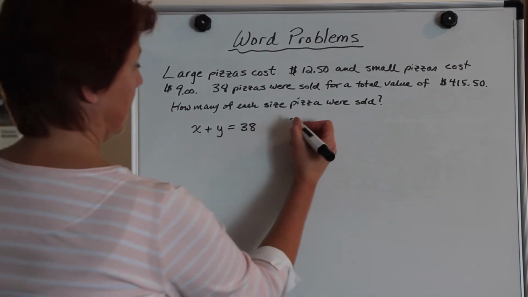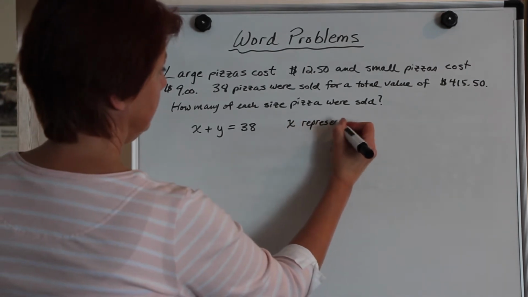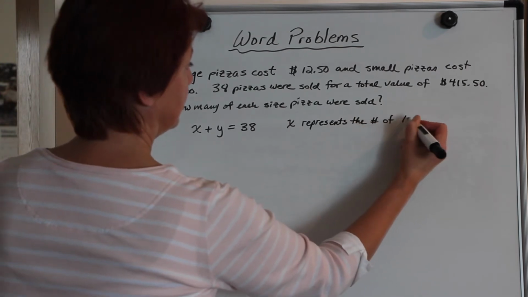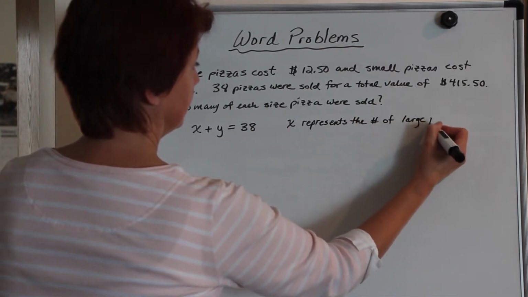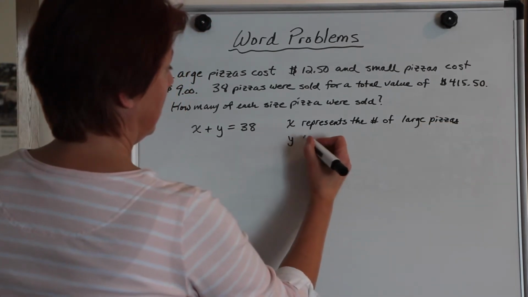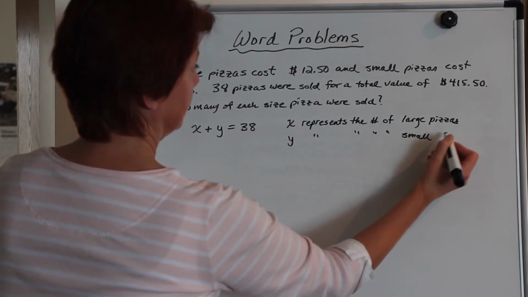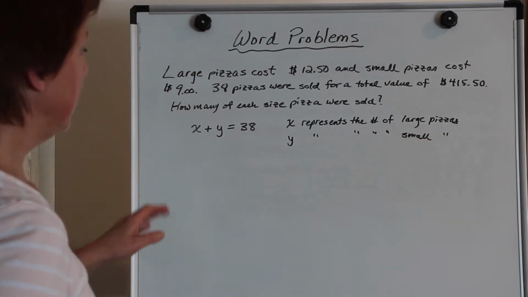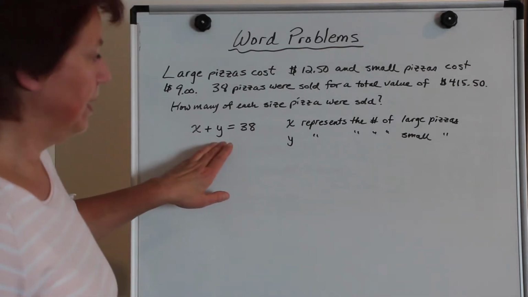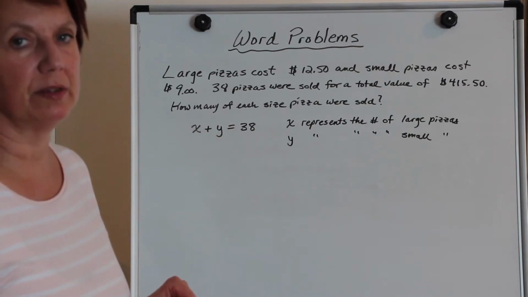So we're going to say that x represents the number of large pizzas, and y represents the number of small pizzas, okay? Now, we had x number of large pizzas that were sold, y number of small pizzas that were sold, and when we add them together, we have 38 pizzas.